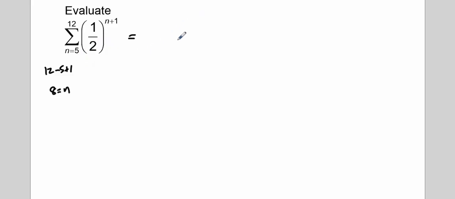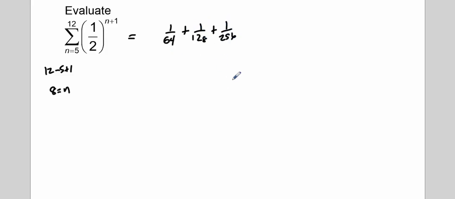So this is 1/2 to the 6th, which is 1 over 64. And then this is just going to keep going all the way up, right? Our ratio is going to be a half because that's what we're doing. We're increasing that power by 1 every time. All right. And we have 1 over 128, 1 over 256.